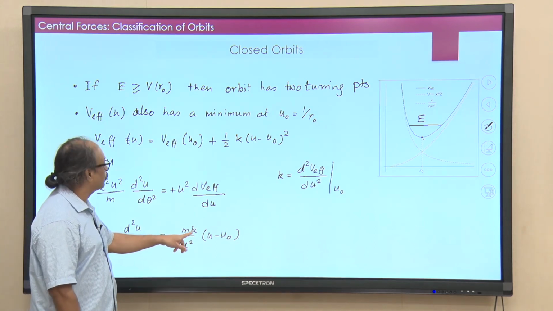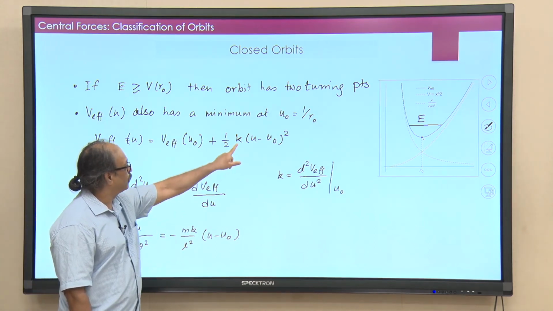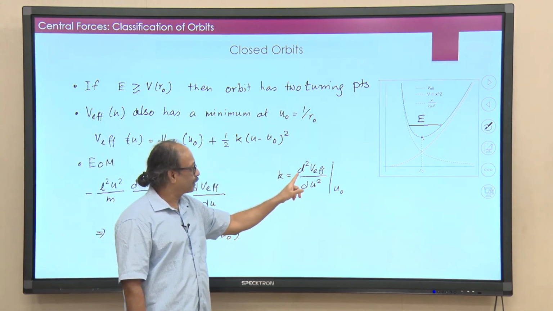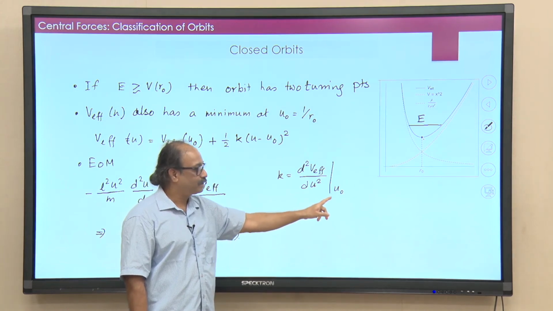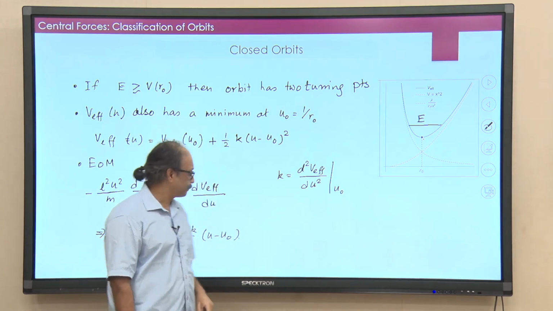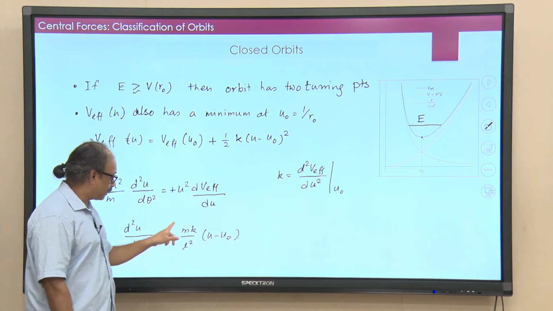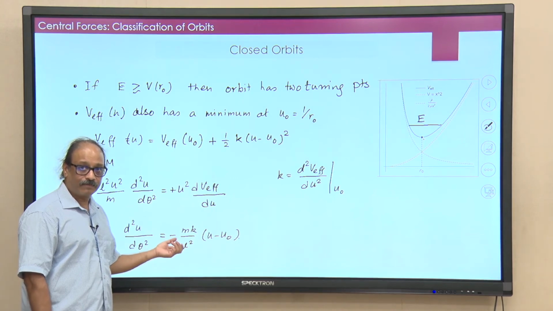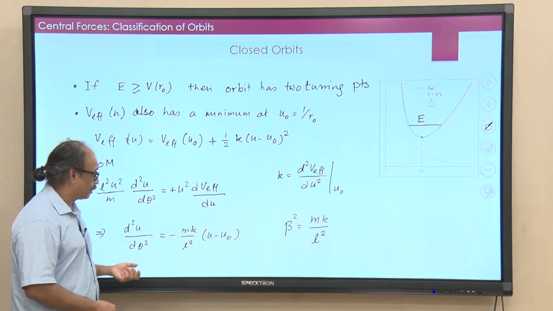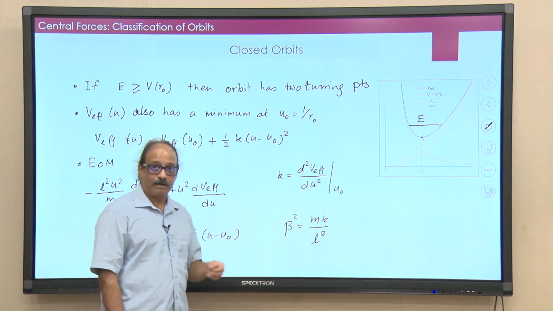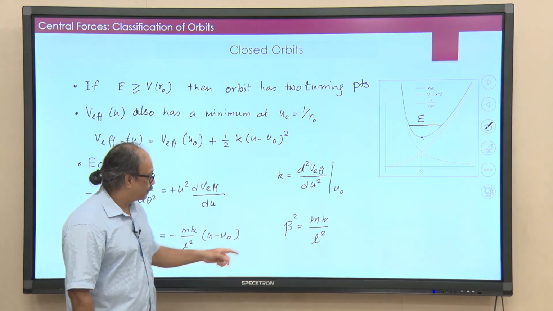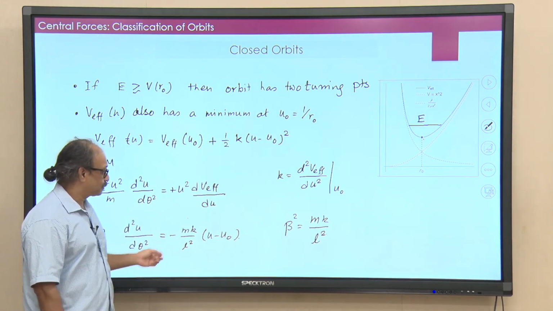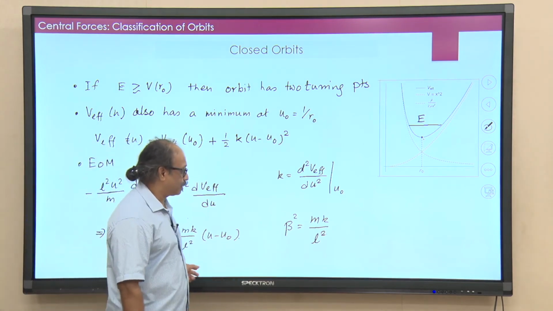But this constant k here comes from the Taylor expansion. So k is nothing but the second derivative of V effective with respect to u evaluated at u naught, and this factor here I am going to call beta square. What would that be? That is the angular frequency. So beta square, the frequency of oscillation, is nothing but this constant m k by L square, and that is when this looks like the harmonic oscillator equation.